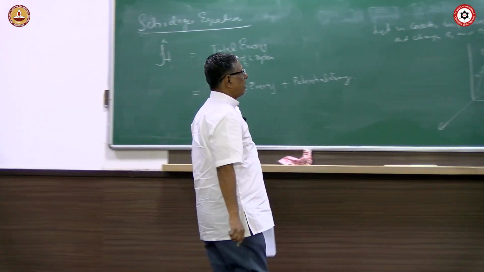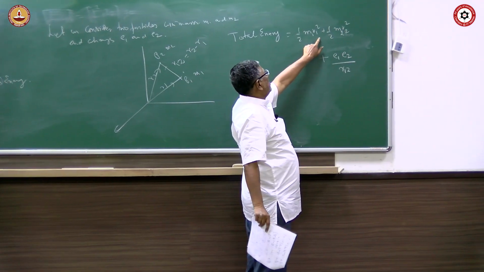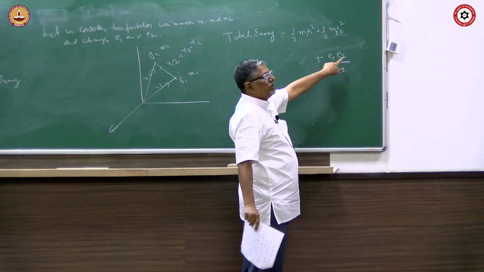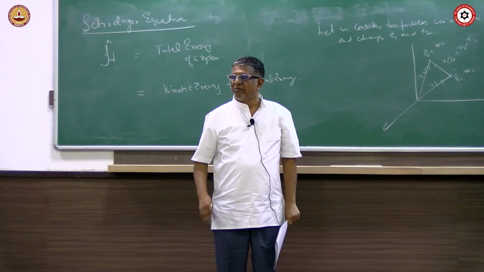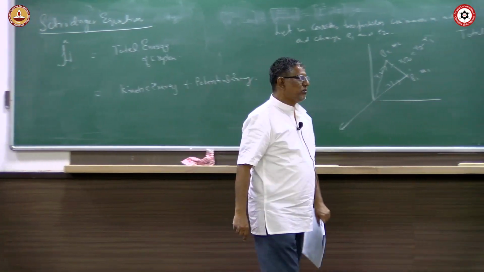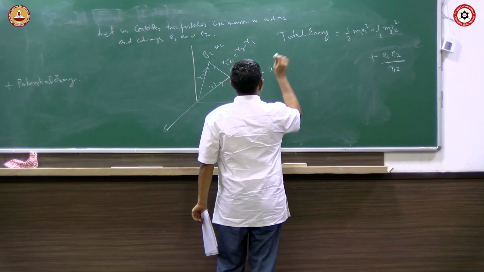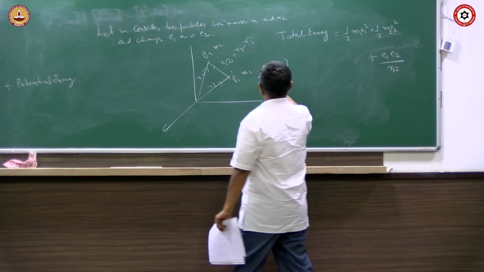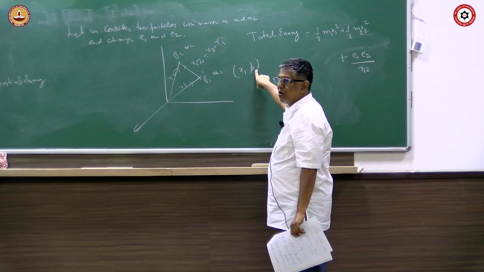Therefore, total energy is half m1 v1 square plus half m2 v2 square plus E1 E2 divided by R12. But in quantum mechanics, we have only position and momenta. We work in this basis x comma p, these two conjugate coordinates.